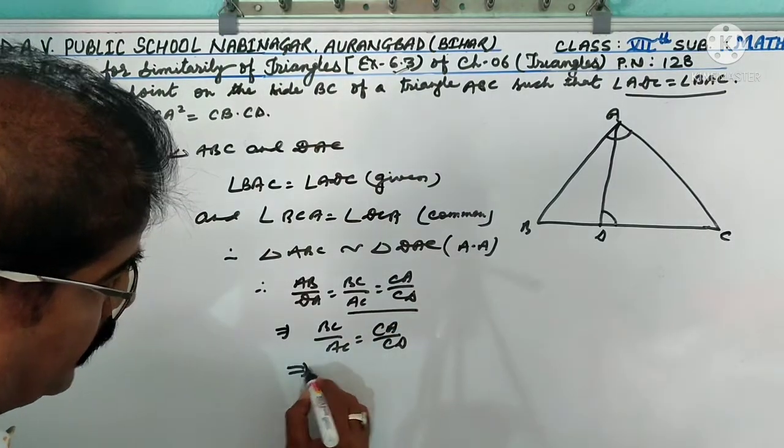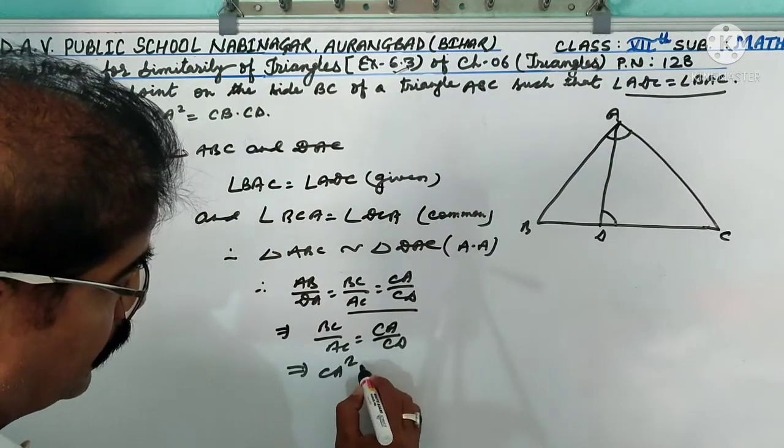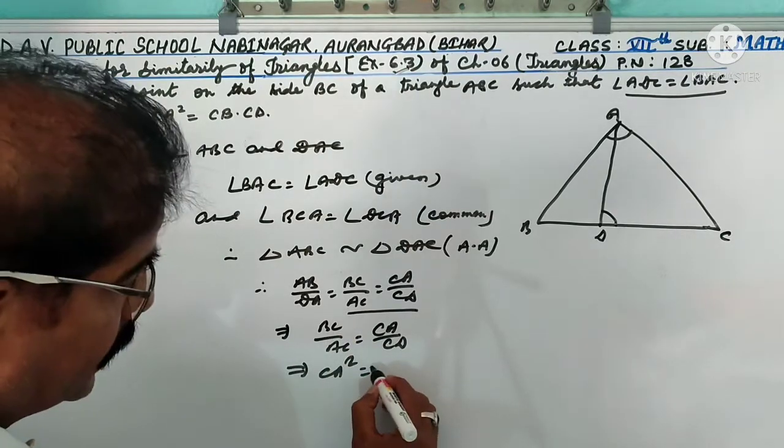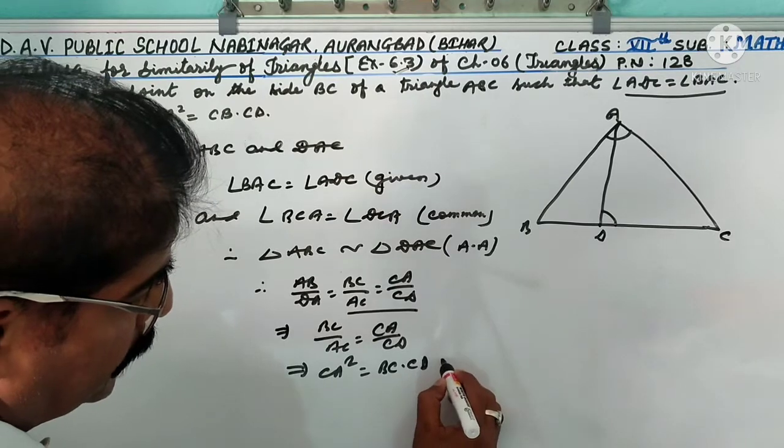By cross multiplication, CA into CA, that is CA square, equals BC into CD.